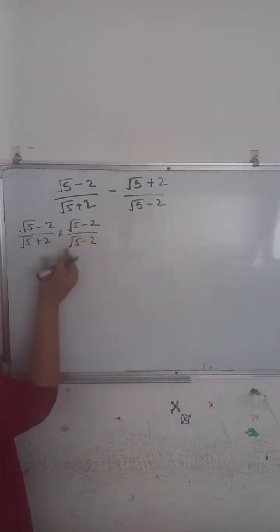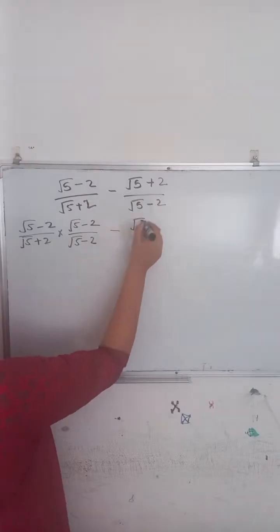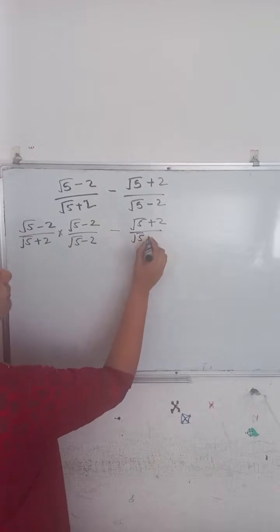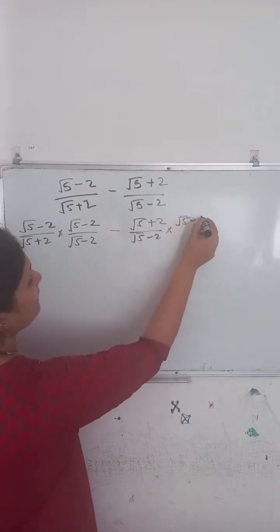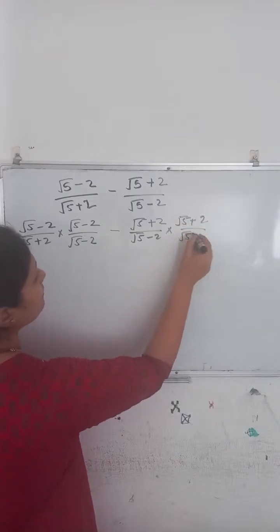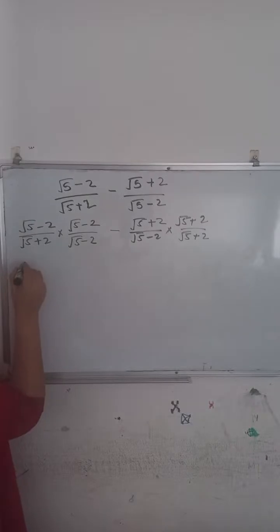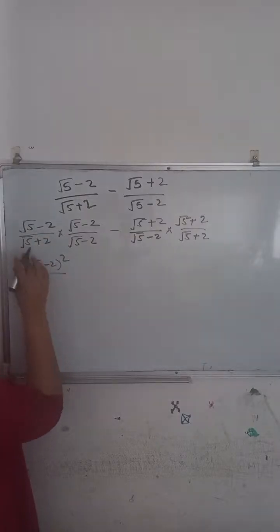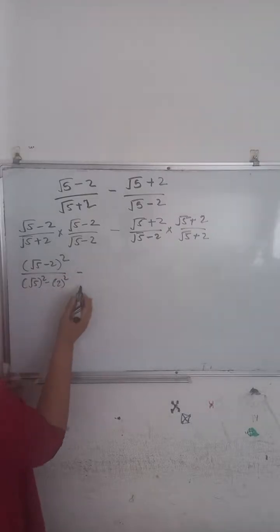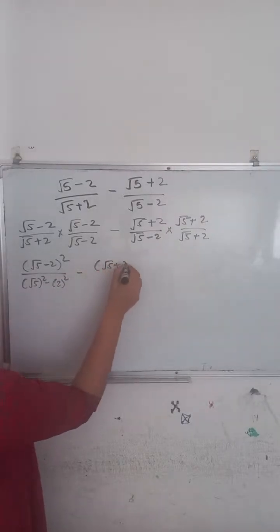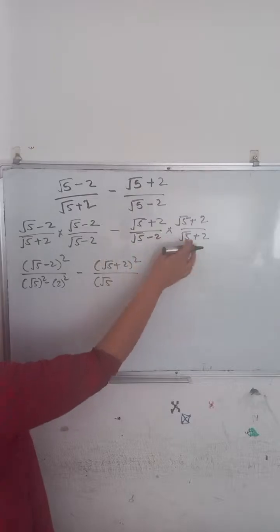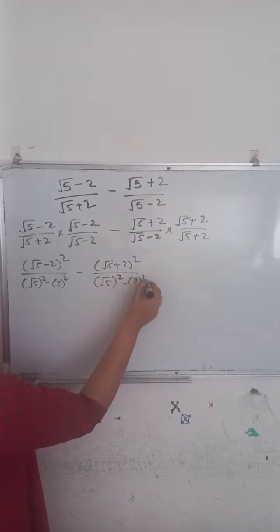For the second term, minus root 5 plus 2 upon root 5 minus 2, I multiply by root 5 plus 2. So we get root 5 minus 2 whole square upon a square minus b square, that is root 5 square minus 2 square, minus root 5 plus 2 whole square divided by root 5 square minus 2 square.